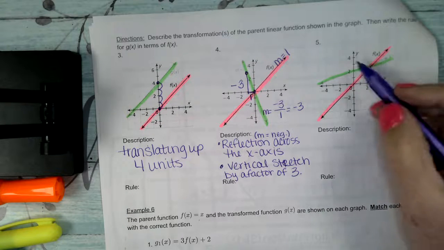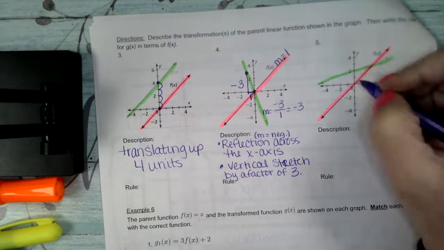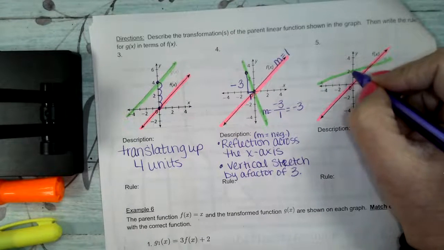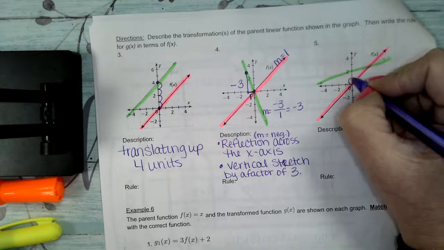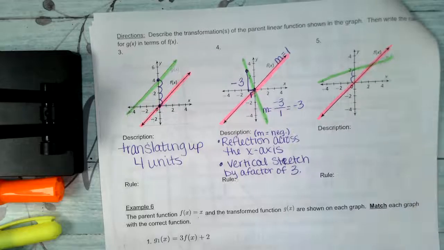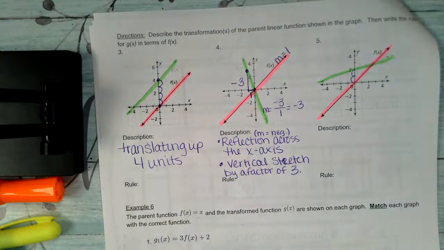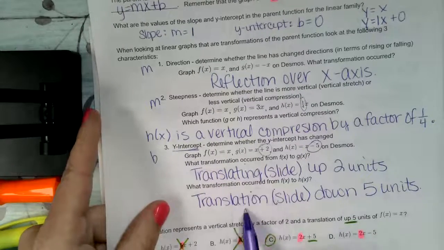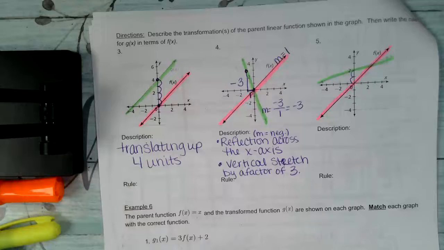All right, looking at number 5, going from my pink line to my green line. I noticed pretty quick that it has moved up, right? It's moved up 2 units. And so my y-intercept has changed. The words when you're looking at that front page of your notes, when you're talking about y-intercept, you're talking about translations.